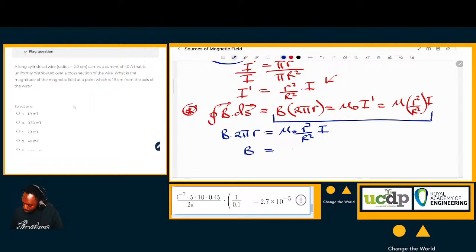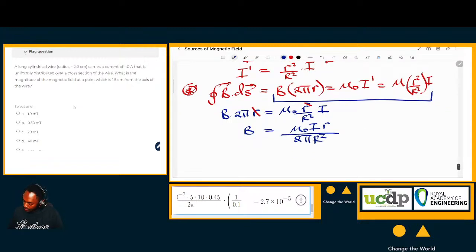B equals to, okay, you can cancel that, cancel that. So that's B equals mu naught I r over 2 pi R squared.